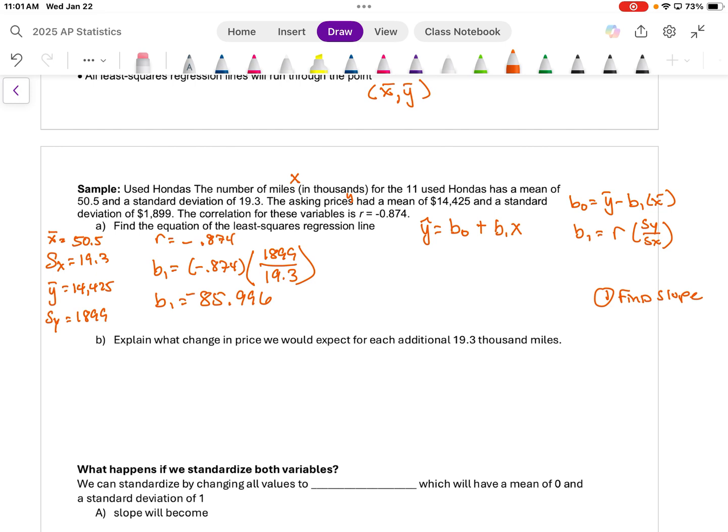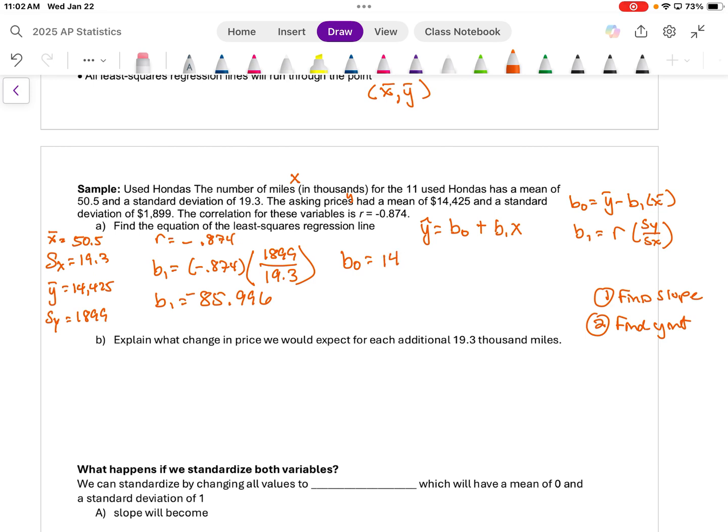Now I need to go over and figure out the y-intercept. So that's my second step. Find y-intercept. So my b sub naught is equal to y, the mean of the y.